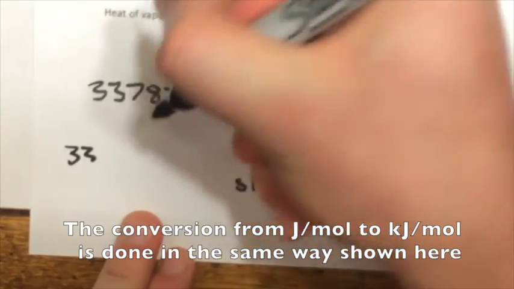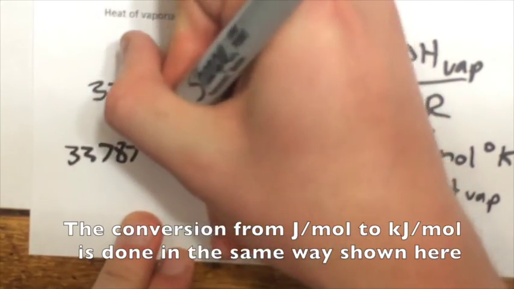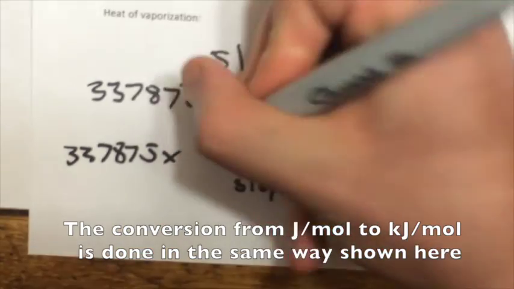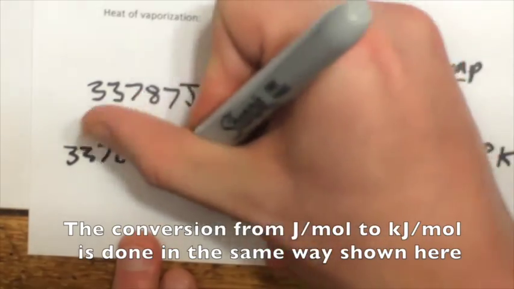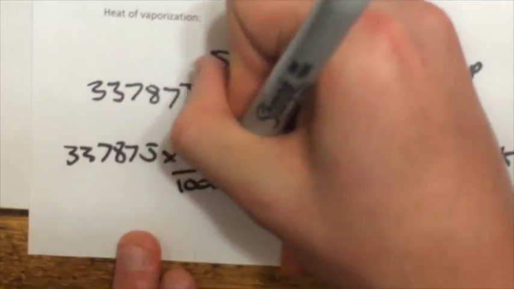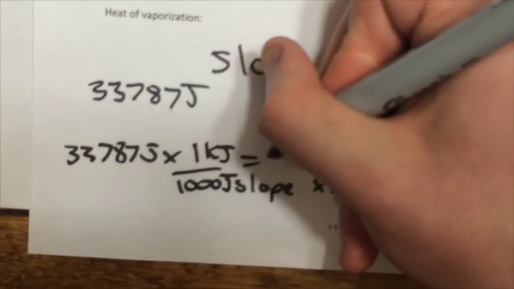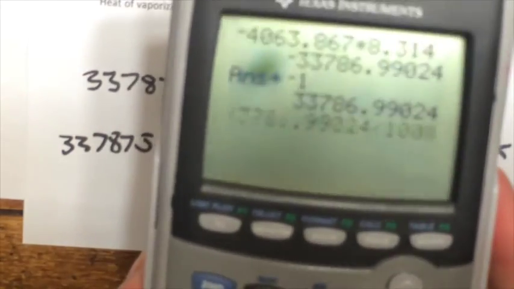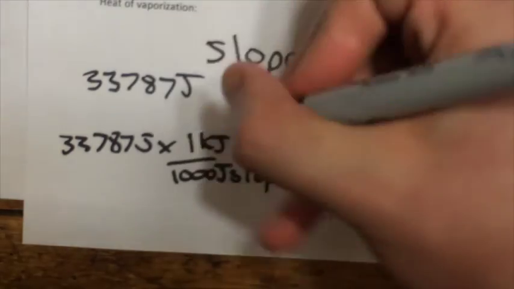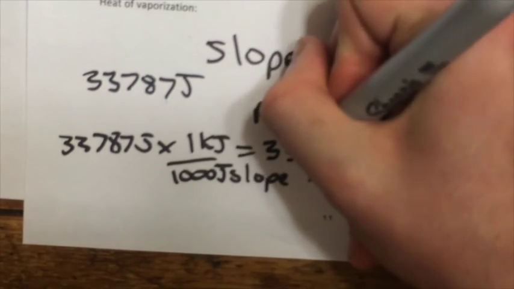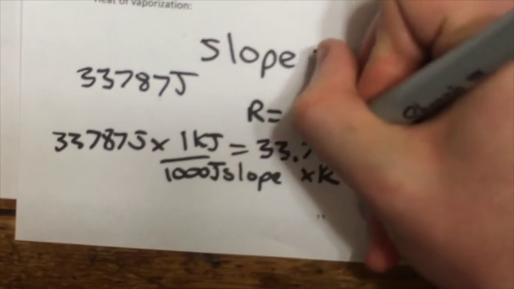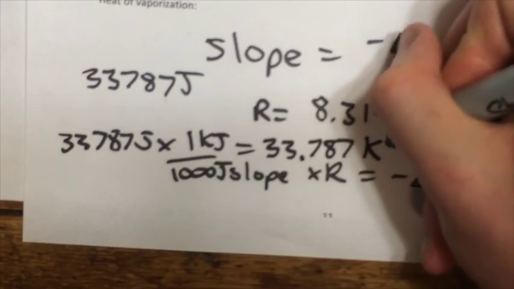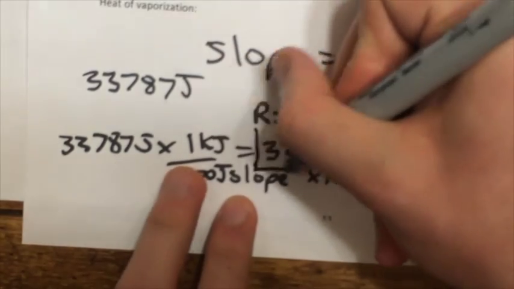Just take 33,787 joules times 1 kilojoule for every 1,000 joules. So just take this number divided by 1,000, and you get 33.787 kilojoules. All right, so that's the final answer.